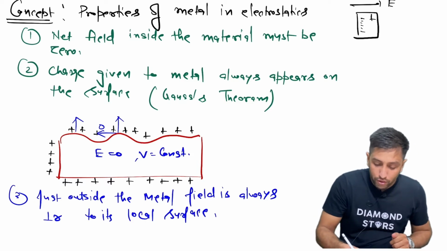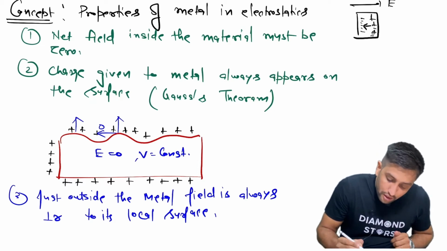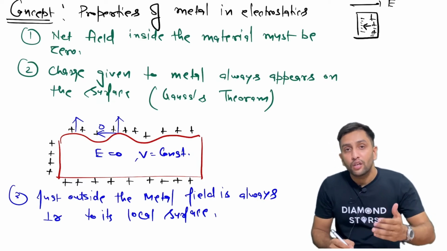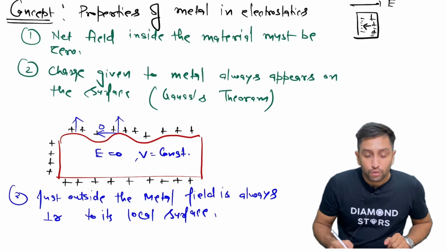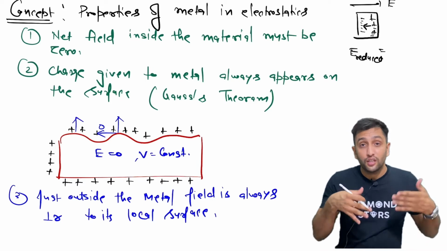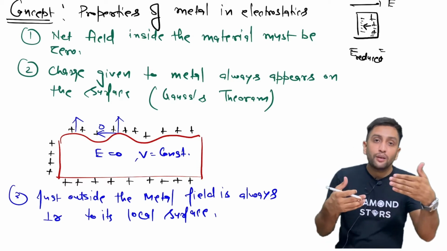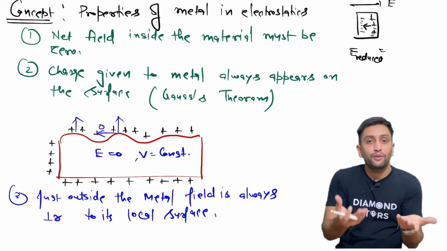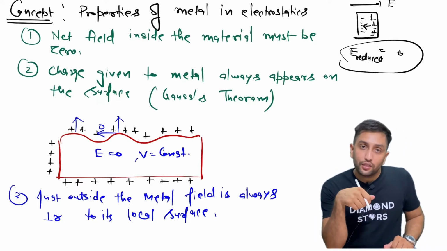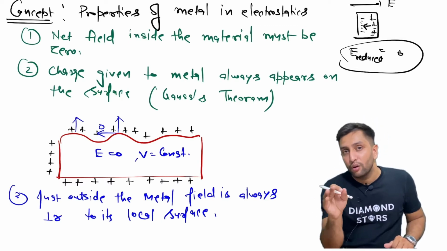So E external minus E induced will be 0. That means the electric field inside the metal or the conductor is 0, and in electrostatics we take this case for metals.